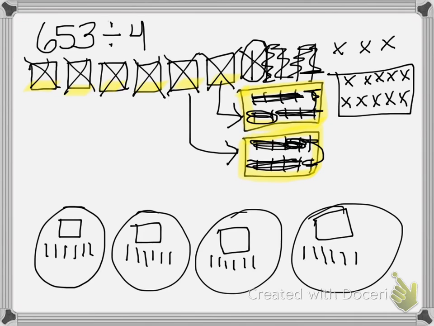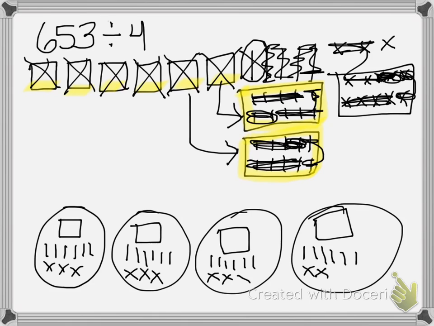I'm going to go ahead and start dividing my ones. So I'm going to take those 4 first, and now these 4. 1, 2, 3, 4.